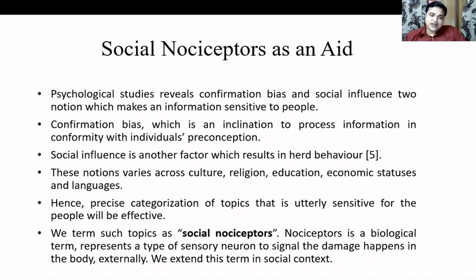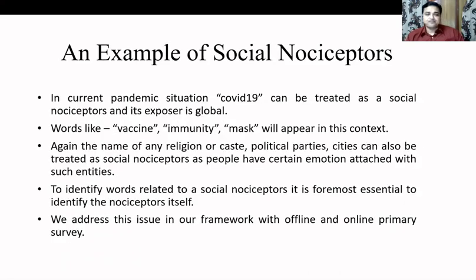Nociceptor is a biological term which represents a type of sensory neuron that signals damage happening externally to the body to the brain. We extend that term to the social context and use it in our framework.